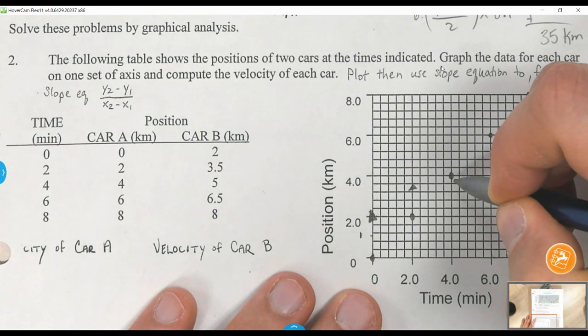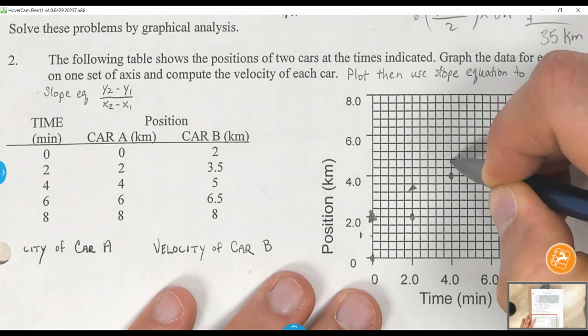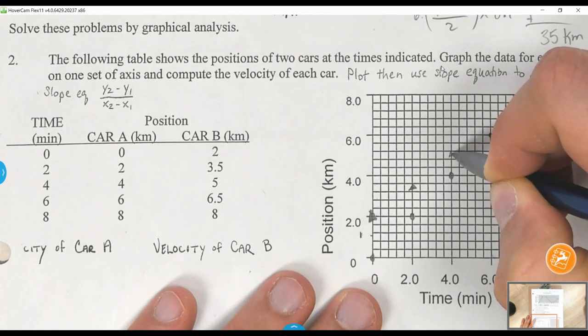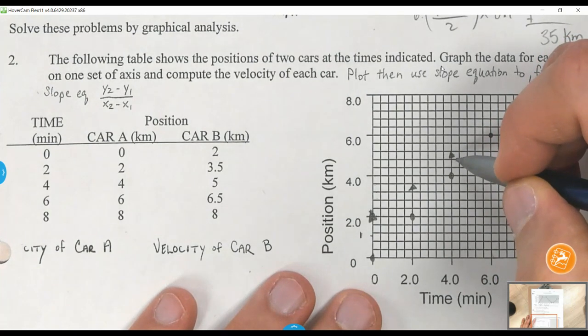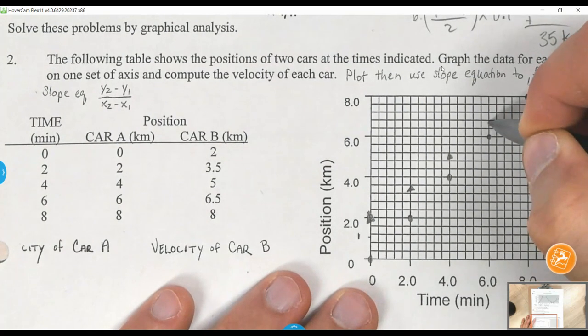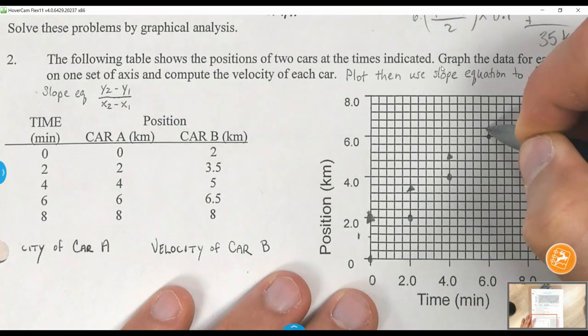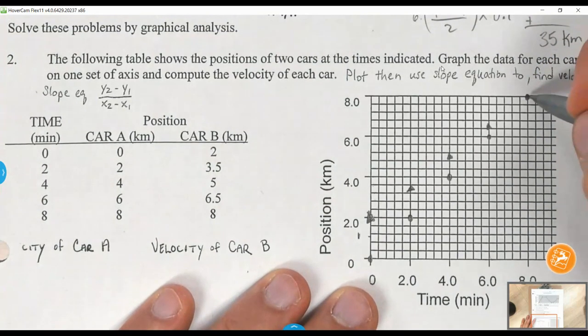which will be somewhere right around here, right in the middle of those two. At 6, we're at 6.5, so just above that little line there. And then at 8, we're at 8.